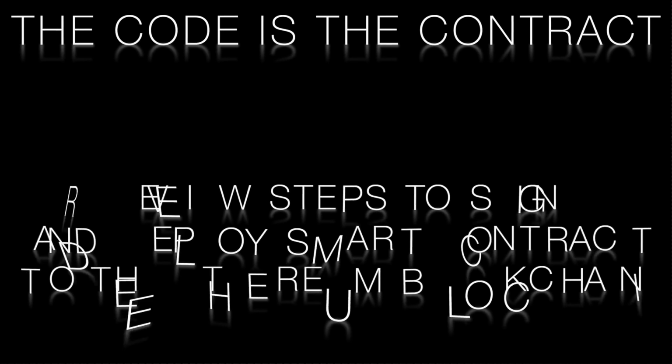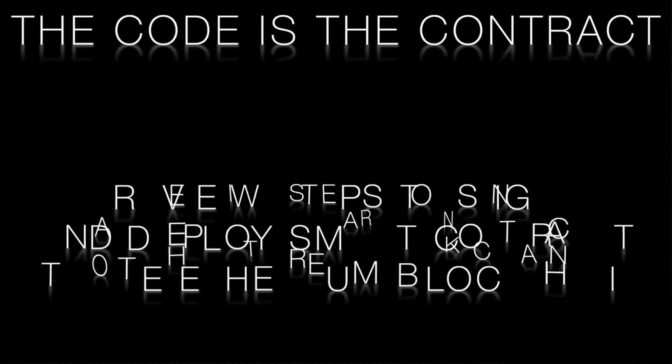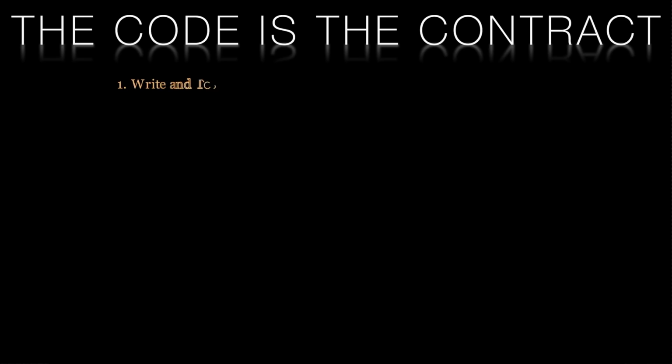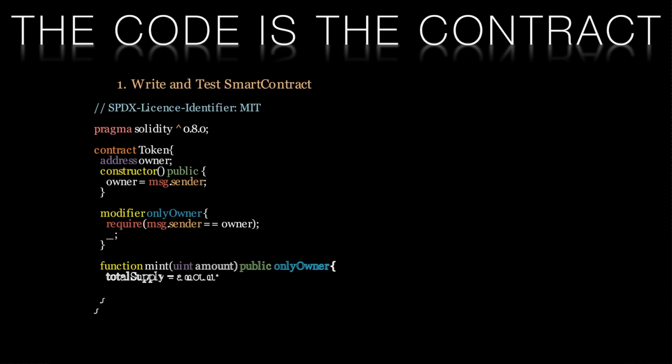So, by way of a review of distributed ledger technology, let's go right back to basics and briefly walk through the steps to deploy this Lucy smart contract. The code for this contract was written and tested. When deployed, it was digitally signed. This followed exactly the same process we presented in our Bitcoin videos.